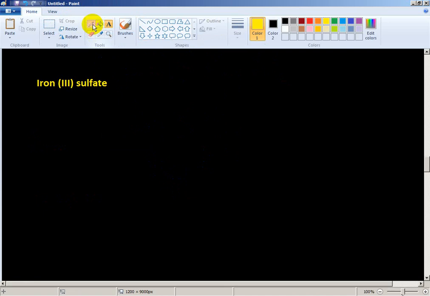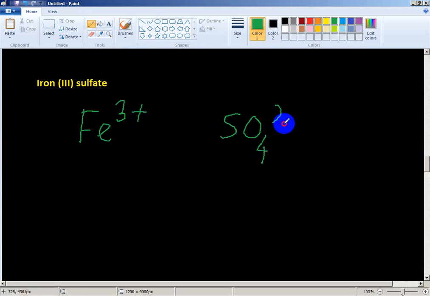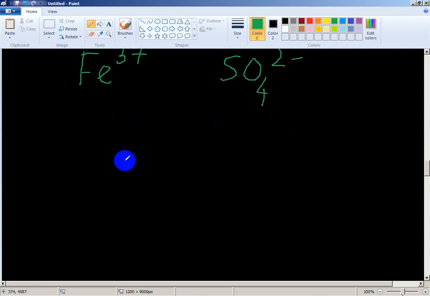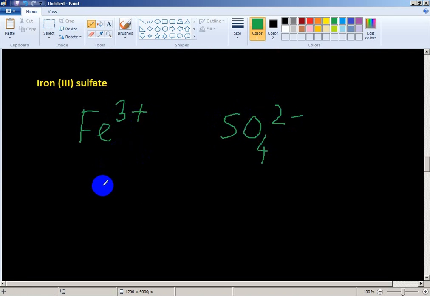Iron charge is 3, and sulfate charge is always 2 minus. So at first we'll swap.